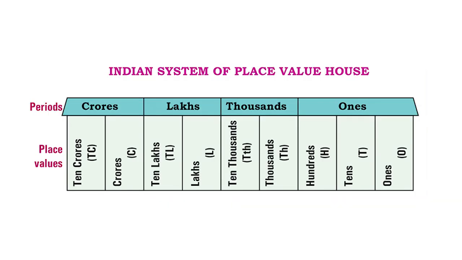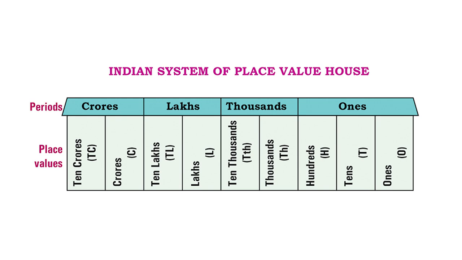Have a look at it. If we go from the right side, on the extreme right you have ones, tens, hundreds, thousands, 10,000s, lakhs, 10 lakhs, crores, 10 crores. This is how the place values are in the Indian system.